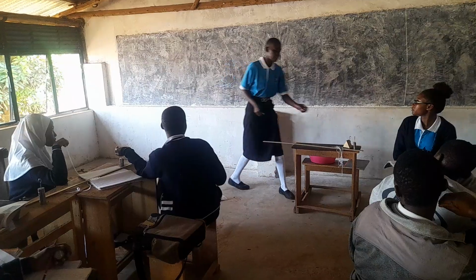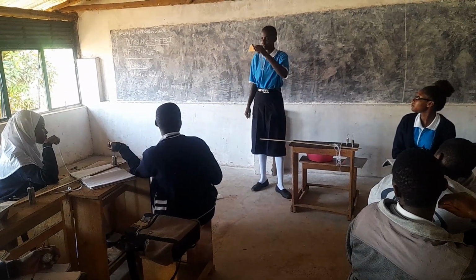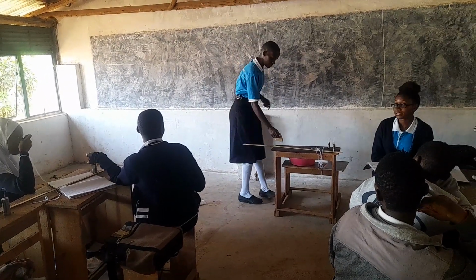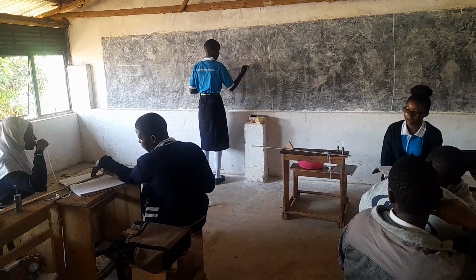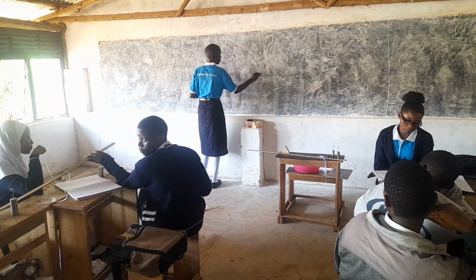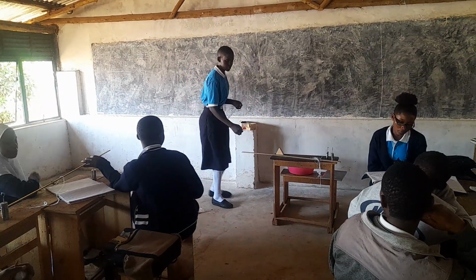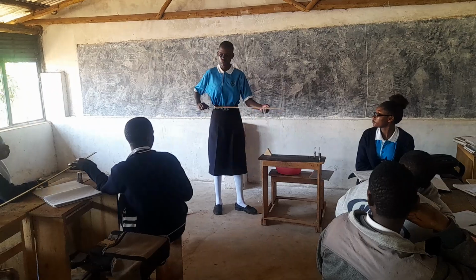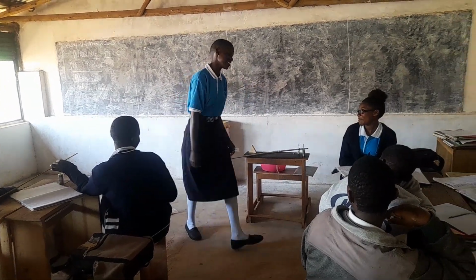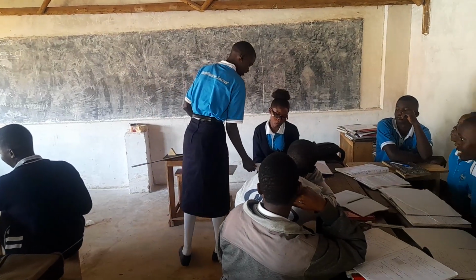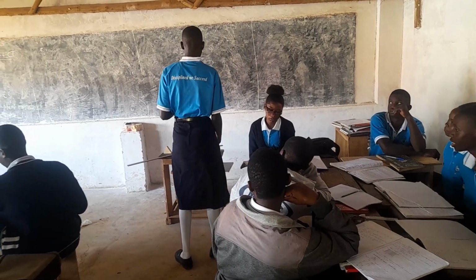This is our knife edge I'm talking about, this one. And we have the metal rule. This is the metal rule. You see this. We have a piece of string.